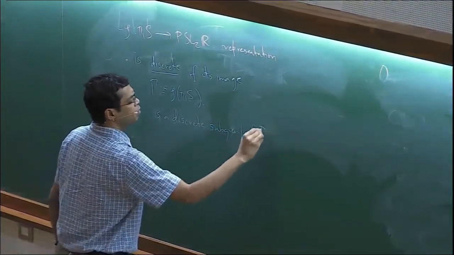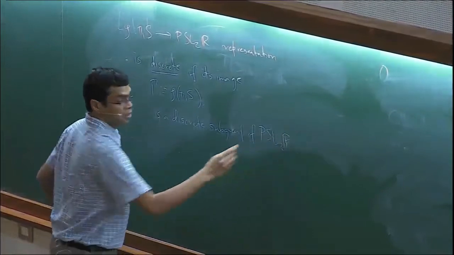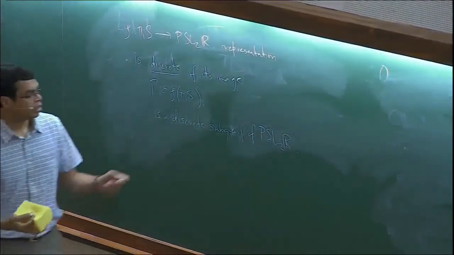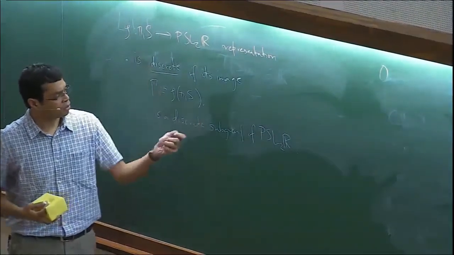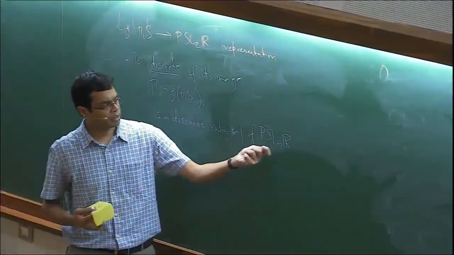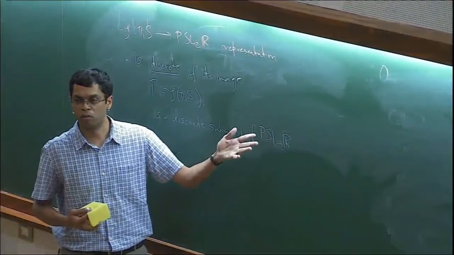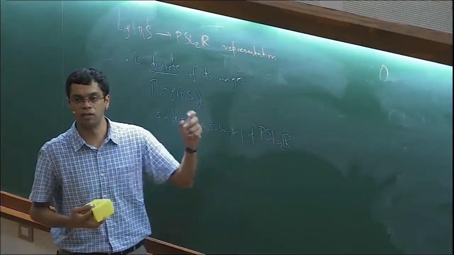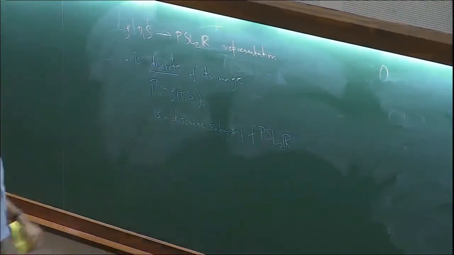Of course, PSL2R has its own topology. It's just a set of matrices, after all, and any subgroup is discrete if the identity element has a neighborhood with no elements of gamma, right? So it's discrete in that induced topology.